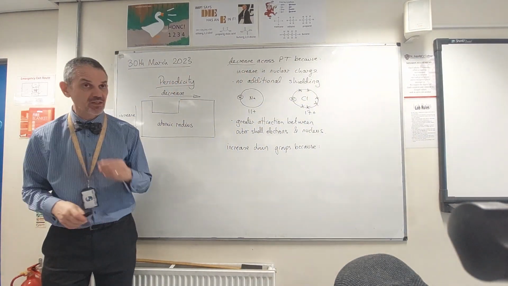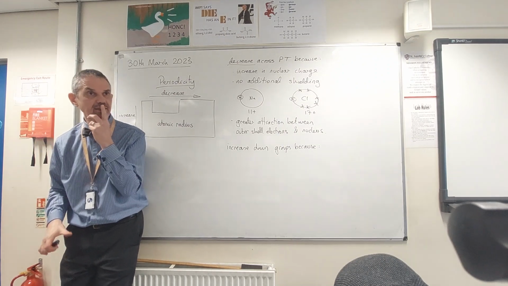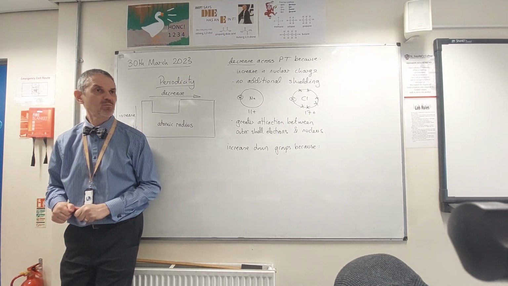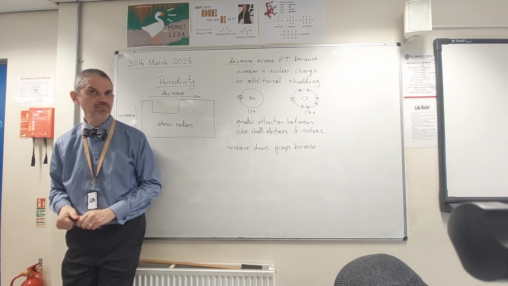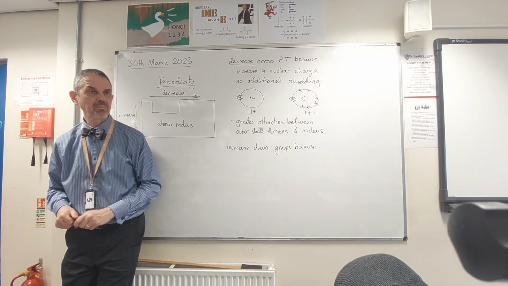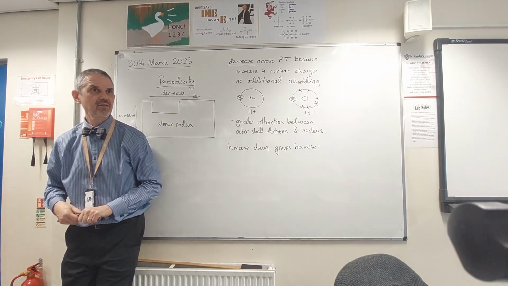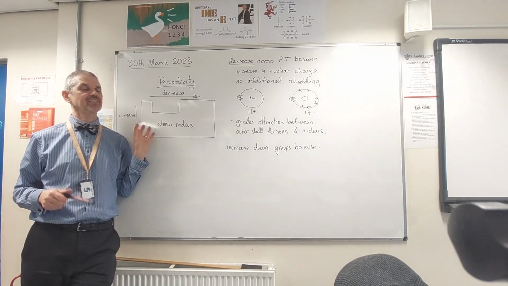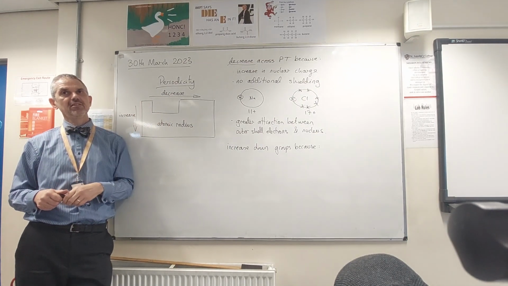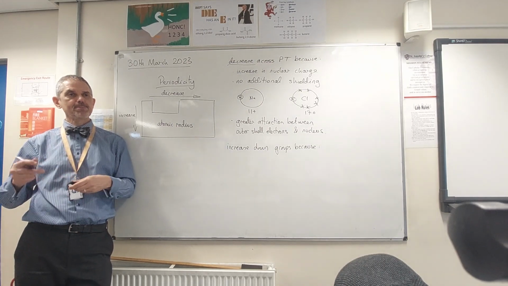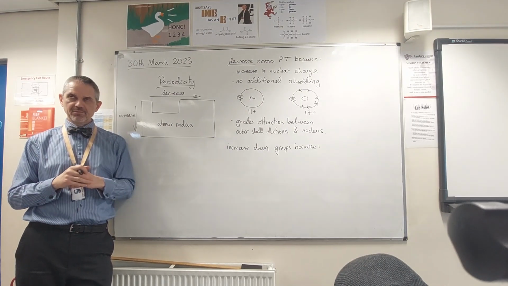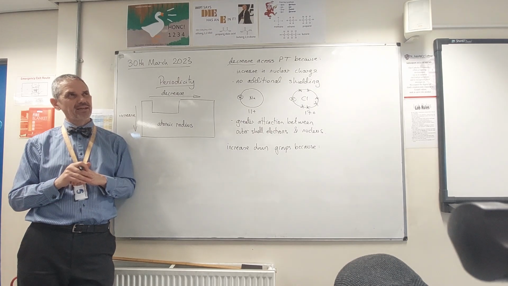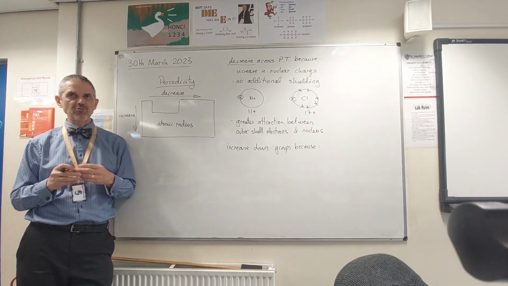So what's changing as we're going down the periodic table? Increasing shielding. Can we go back to Tom? What's changing as we're going down the periodic table that makes the atoms get bigger? Mass to charge ratio decreases. Yeah, mass is a bit of a red herring.